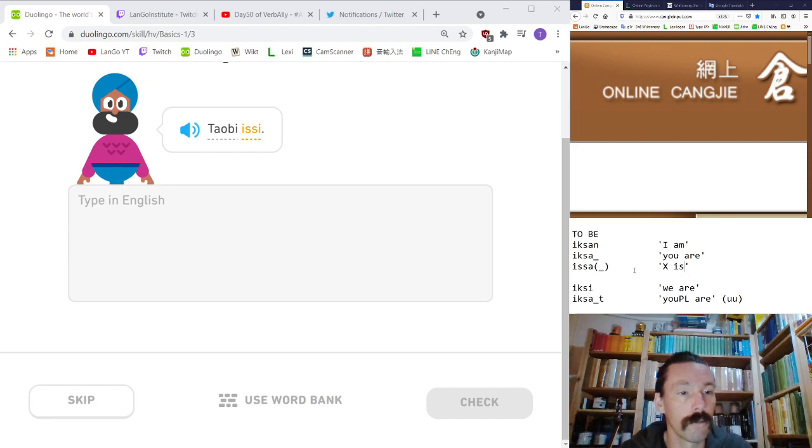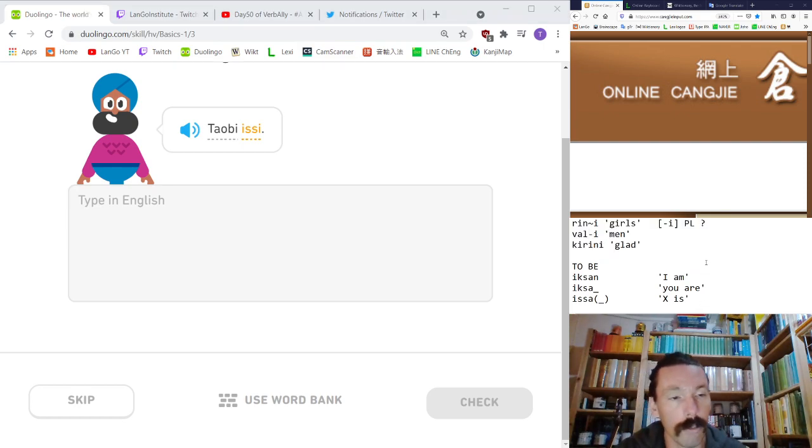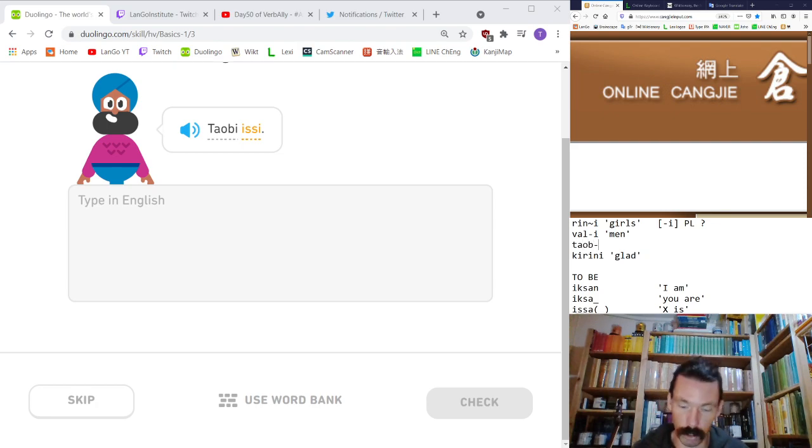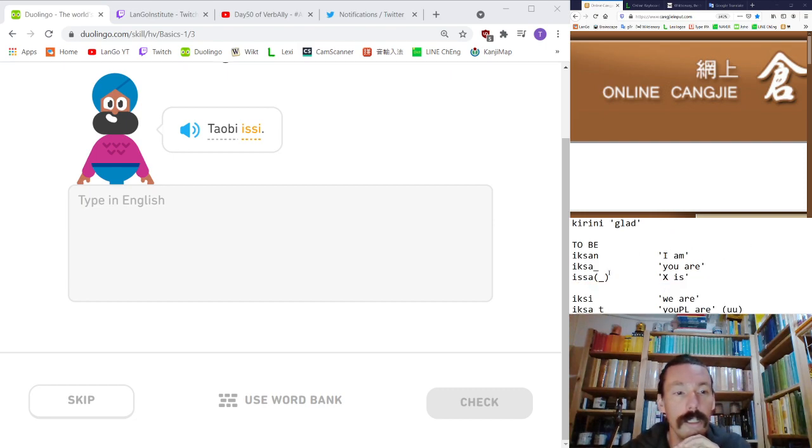Interesting. Don't know anything quite like that from other languages offhand. Taubisi. B looks like boys. Taoba, I believe, was the singular. Yep. Taob. So I'm using the hyphen for what we call a morpheme boundary, where one meaningful part ends and the next begins. Boys will be isi.